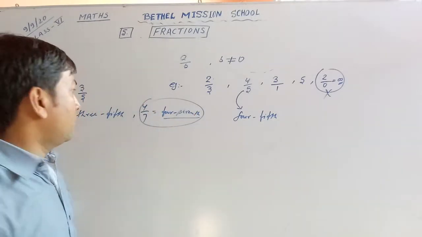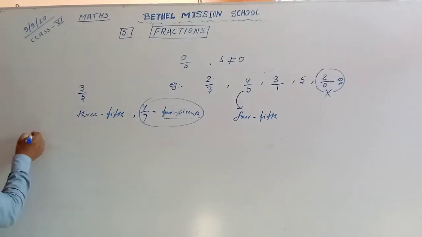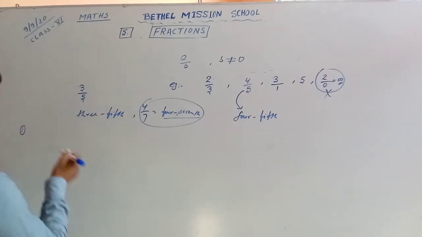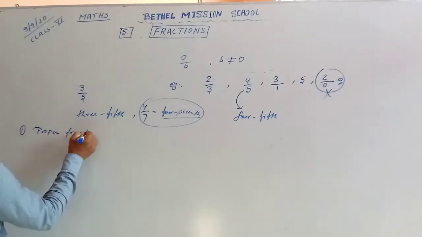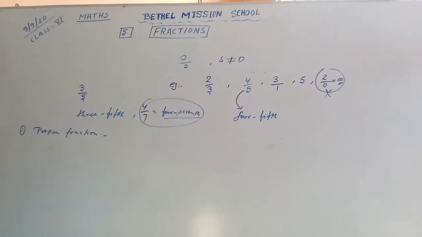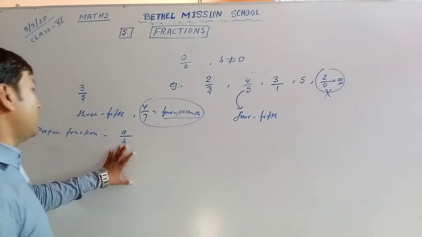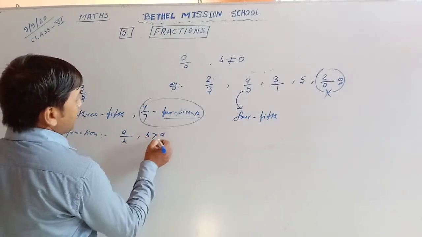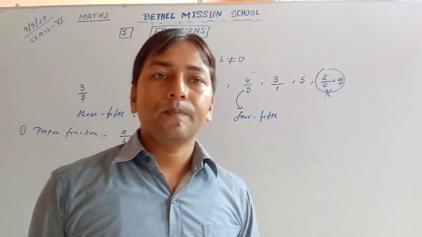Okay. Now we move on, and now we study some types of fractions. So first is the proper fraction. If there is a number a upon b, a fractional number, and if the denominator is greater than the numerator, then this is called a proper fraction.